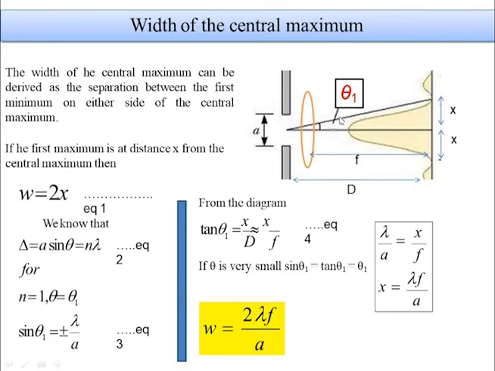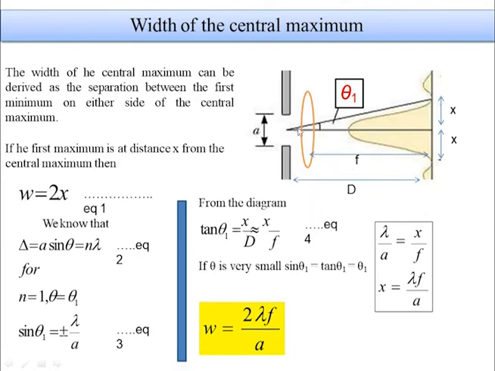And if you are assuming this theta 1 is very small, what will I get? We already have the expression for sine theta, and from this figure we are going to find tan theta. In this, we have assumed two distances. Since this is the lens and the screen is kept at the focal plane of the lens, this distance becomes f, and the distance between the slit and the screen is d.